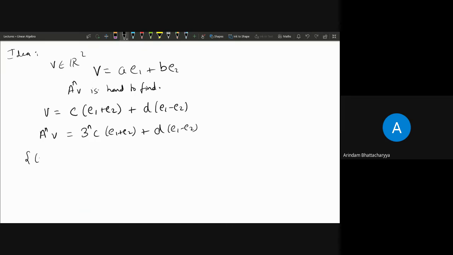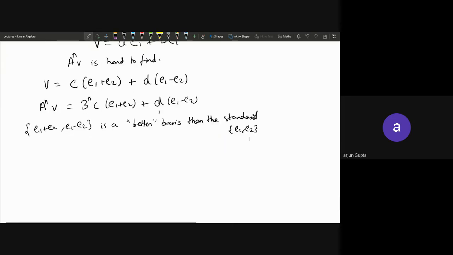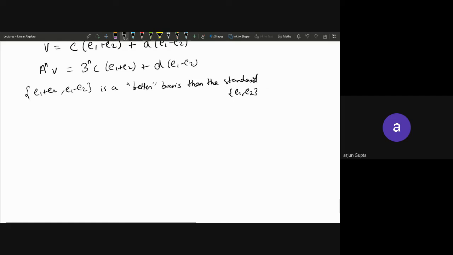So here E1 plus E2, comma, E1 minus E2 is a better basis than the standard E1, comma, E2. How can we show in general that E1 plus E2 and E1 minus E2 will form a basis? The two vectors which get multiplied by a constant can be linearly dependent also, right? Right, exactly.